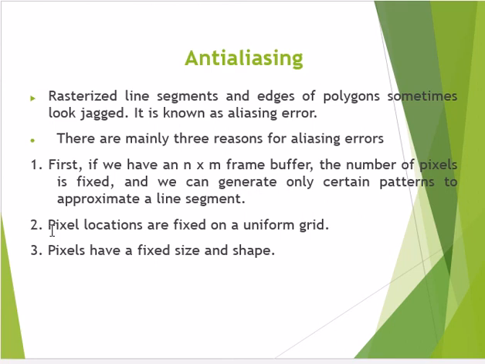The second reason is pixel locations are fixed on a uniform grid. Third is pixels have a fixed size and shape. So because of any one or all of these three reasons, these aliasing errors or effects will be visible in the rendering of polygons.